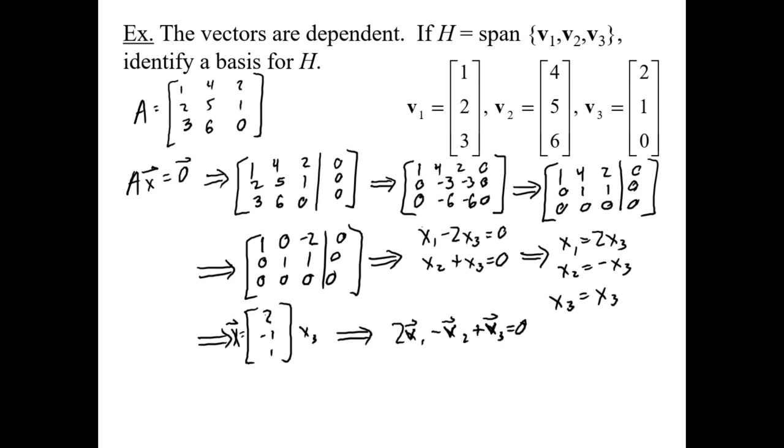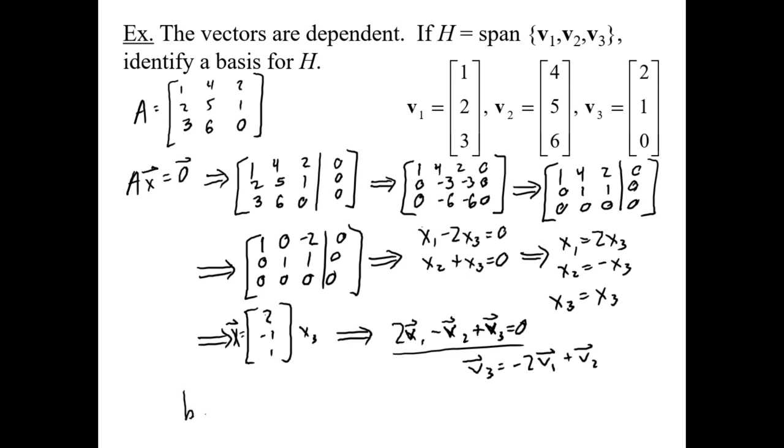Solving for x basically finds the weights, and if we're finding where Ax equals 0, we're finding the weights that cause this relationship to be equal to 0. This is my dependence relation. More specifically, I could say v3 is equal to -2v1 plus v2. In other words, v3 is dependent on the other two.